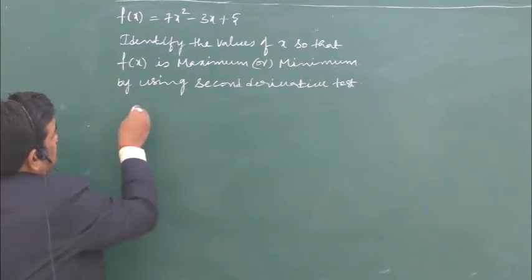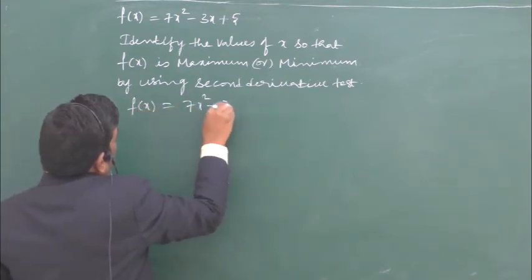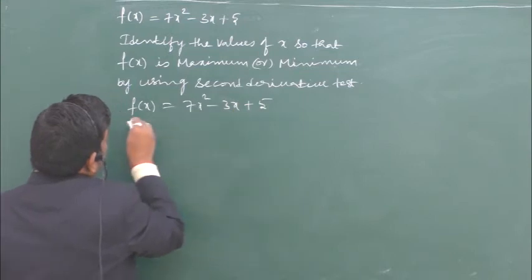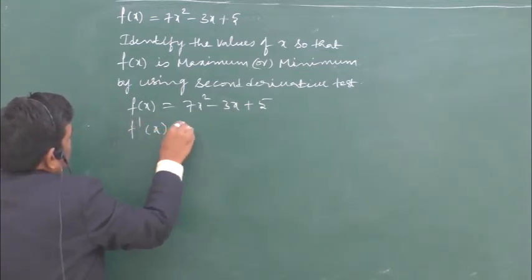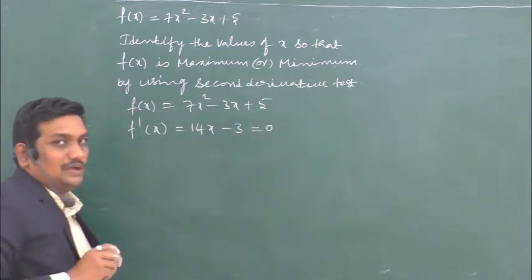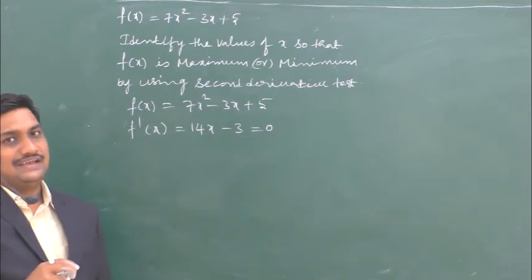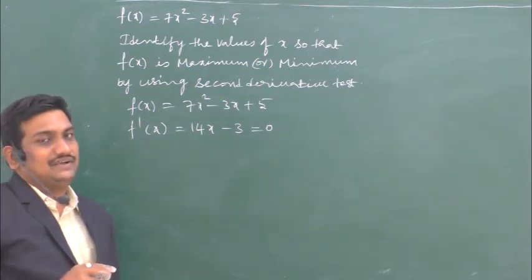Consider the given function. It is 7x square minus 3x plus 5 and its first derivative is 14x minus 3. Now equate it to 0. On equating to 0, we will get x values, and those x values are called critical values or stationary values.